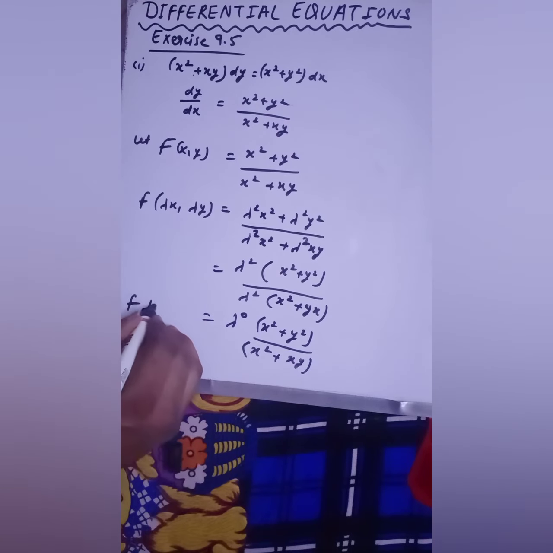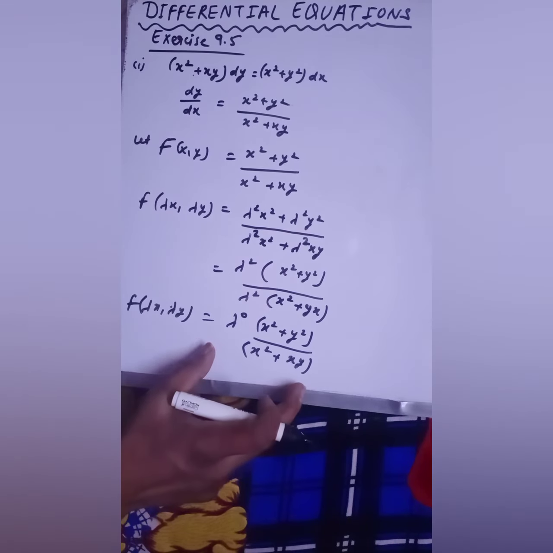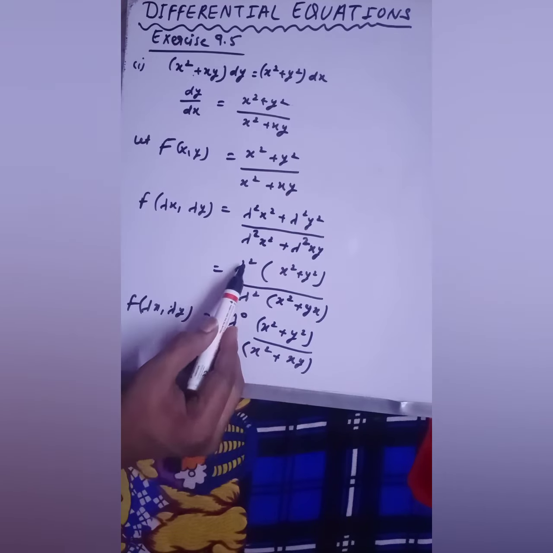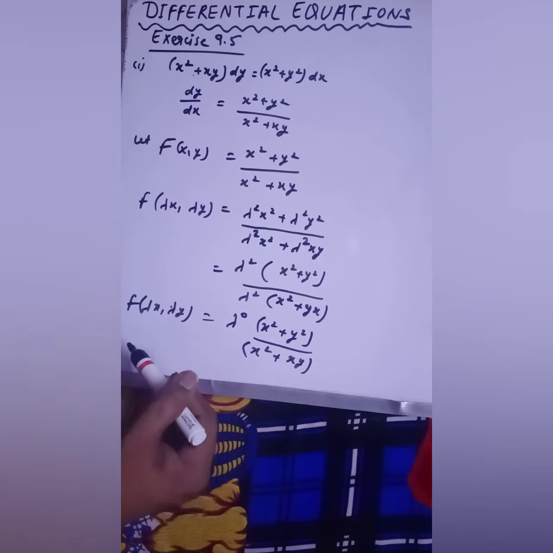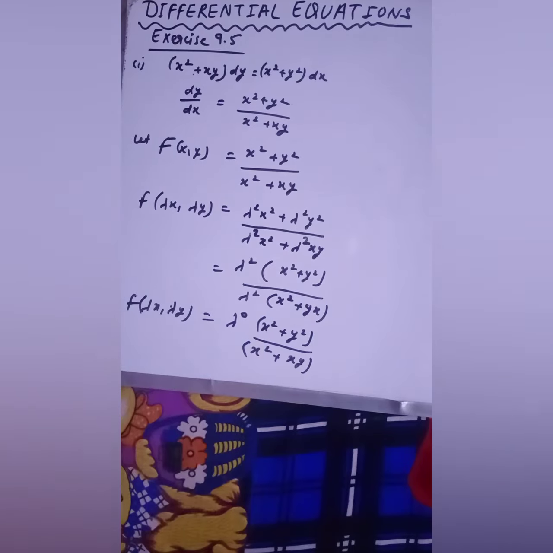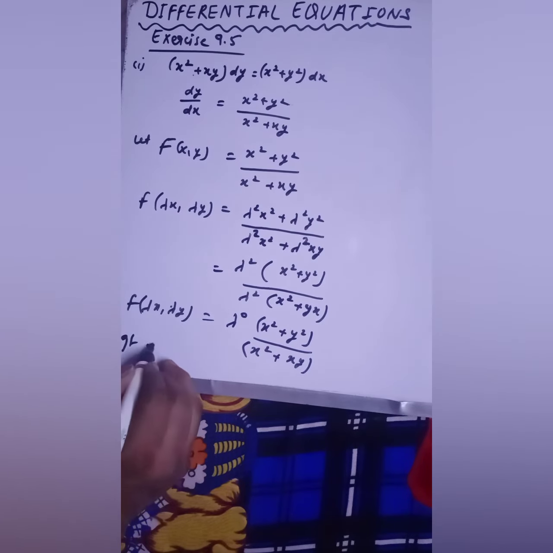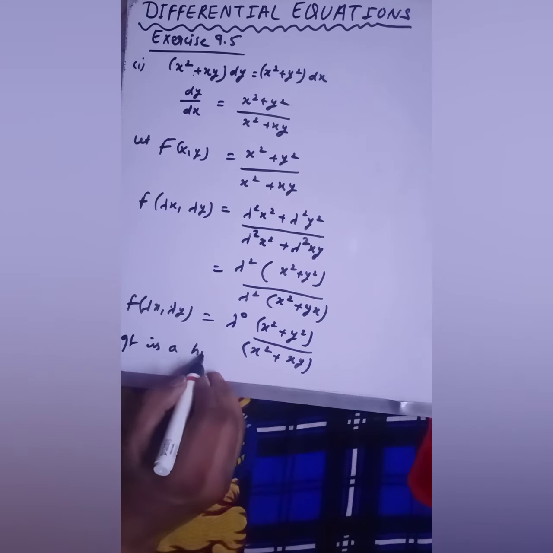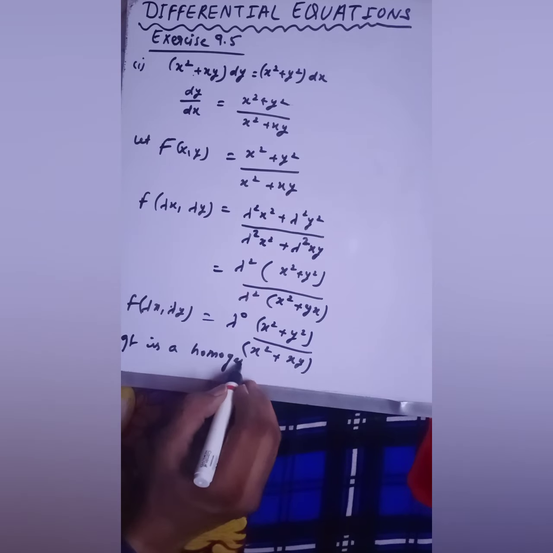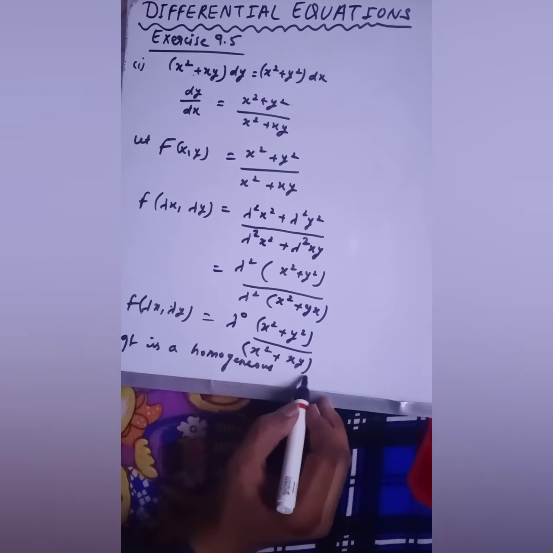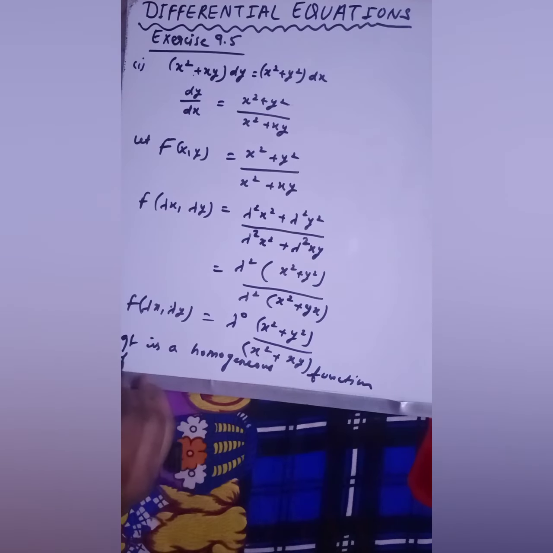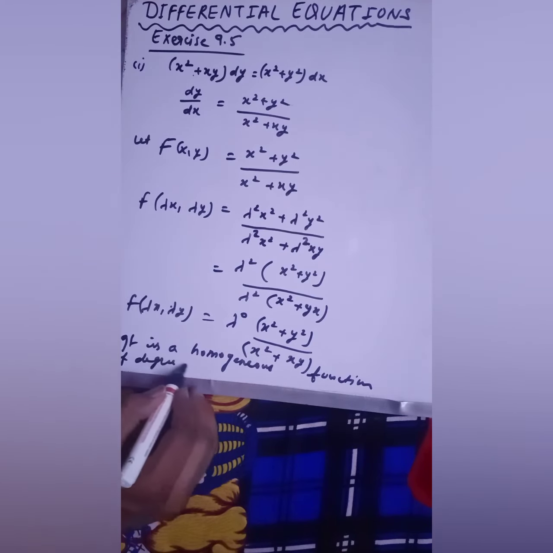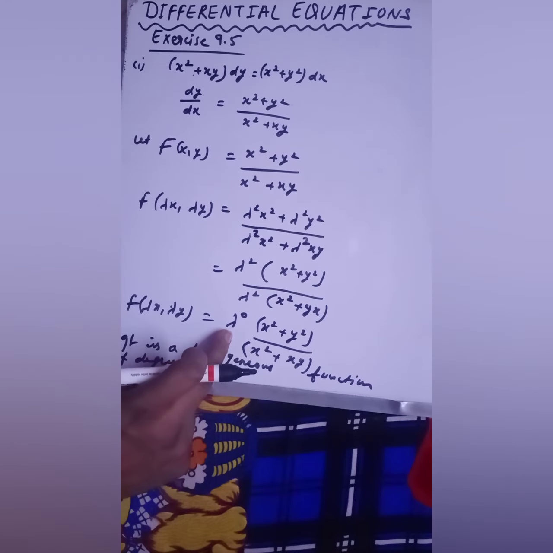All these things you have to copy. As you can see here, the power of lambda is 0. So this is a homogeneous function of degree 0, because the power of lambda is 0.